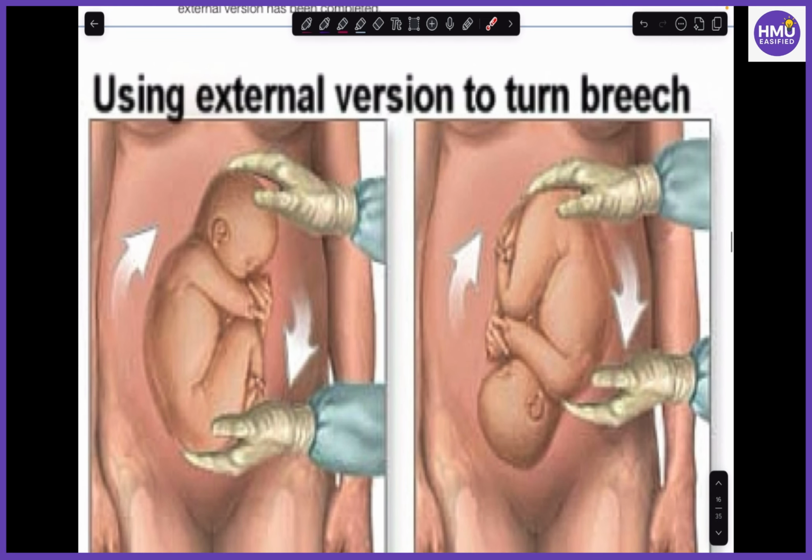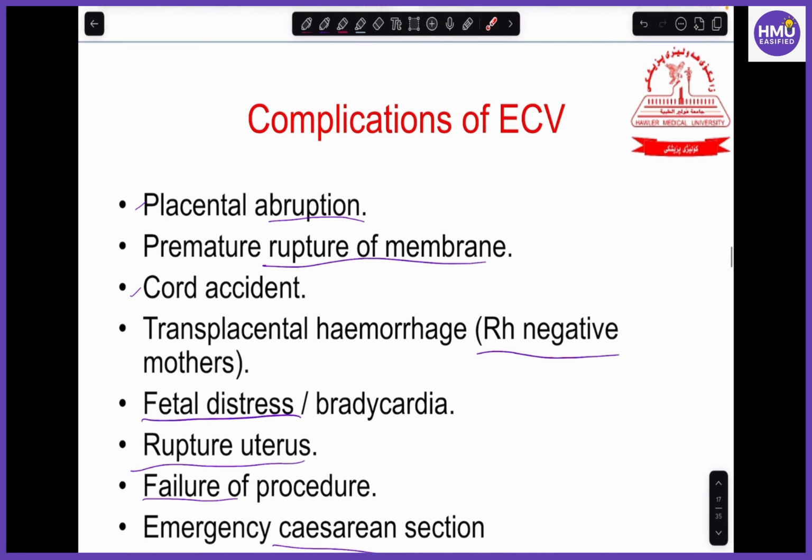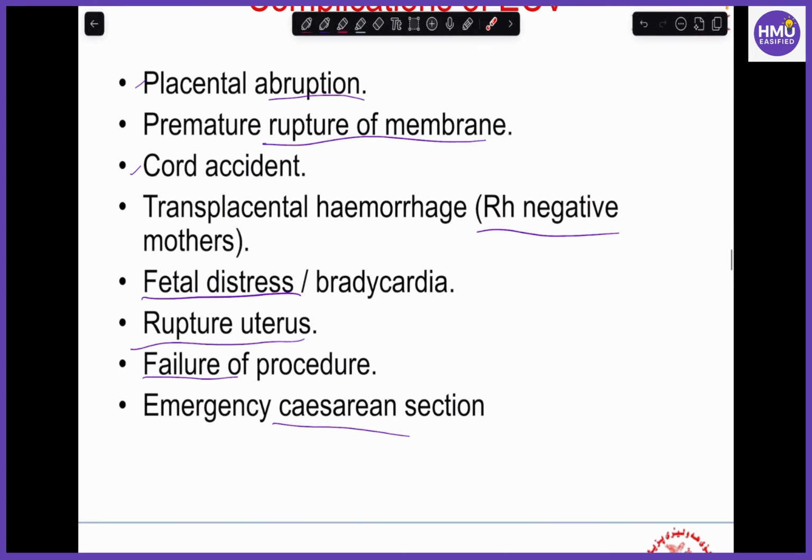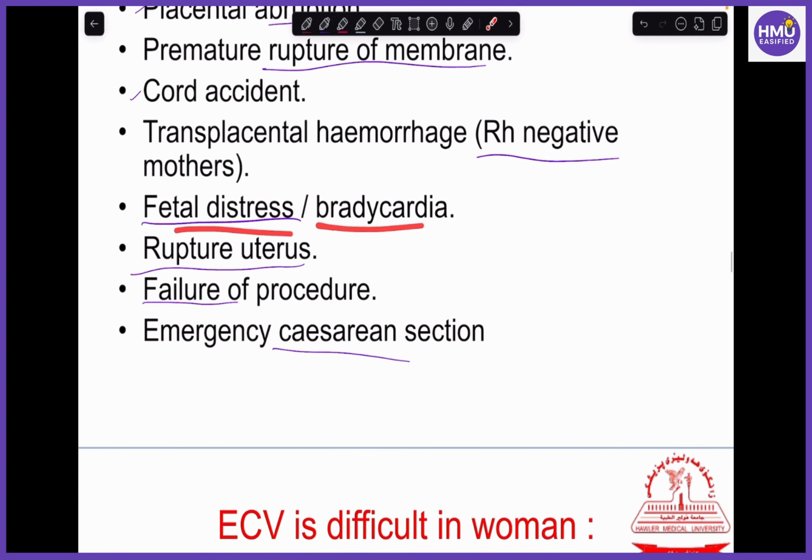The external version to turn breech. Complications: placental abruption, as we may cause separation of the placenta, premature rupture of membranes or trauma, cord accident, cord compression, transplacental hemorrhage or fetal distress, bradycardia, rupture of the uterus or trauma from manipulation, failure of the procedure, and emergency C-section.